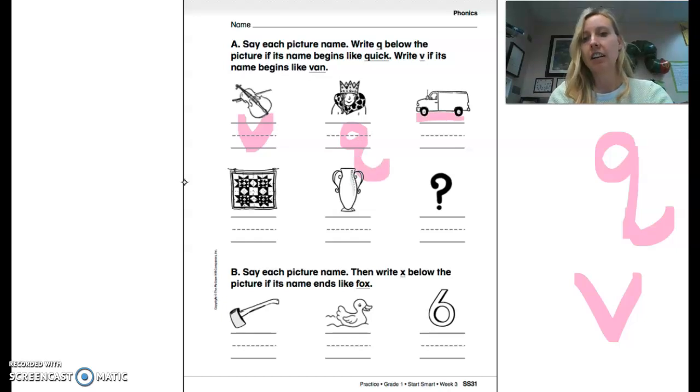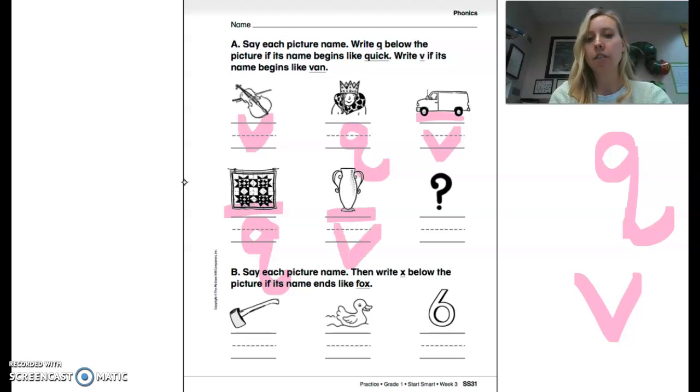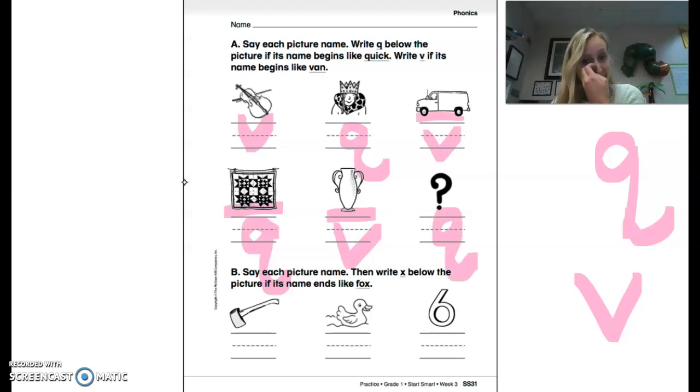This is van. Van. 3, 2, 1. V. Quilt. Quilt. 3, 2, 1. Qu. This is a vase. Vase. 3, 2, 1. V. This is a question. Question. 3, 2, 1. Qu. Sorry, I didn't wait that time.